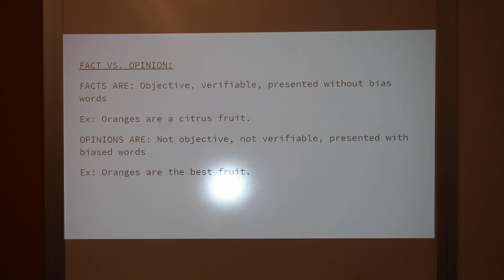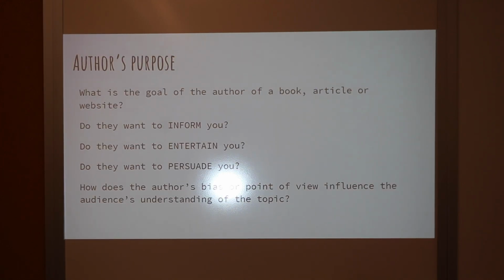Facts are objective, they're verifiable, and they're presented without bias words. For example, if I state that oranges are a citrus fruit, that's a fact. We can verify it. However, opinions are not objective, they're not verifiable, and they are presented with biased words. If I say oranges are the best fruit, the term best means that I'm implying an opinion.